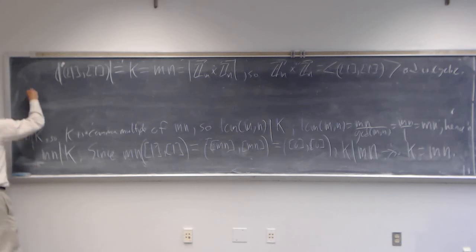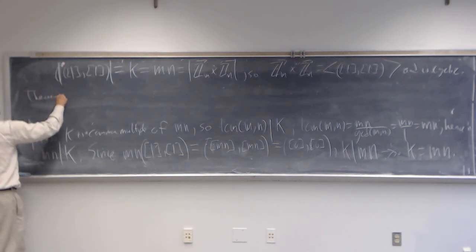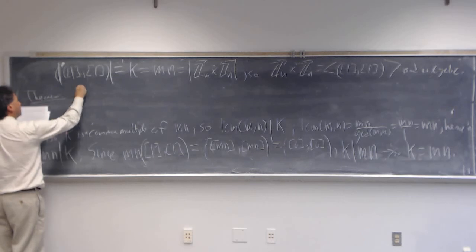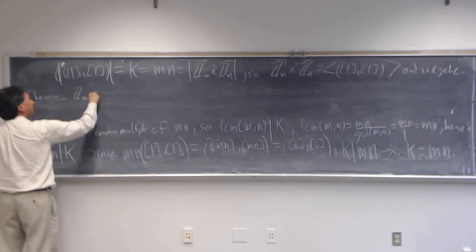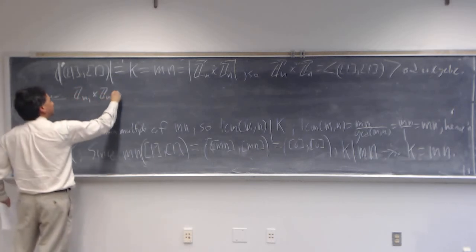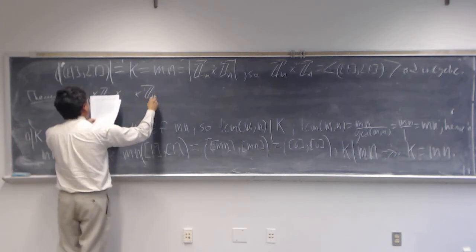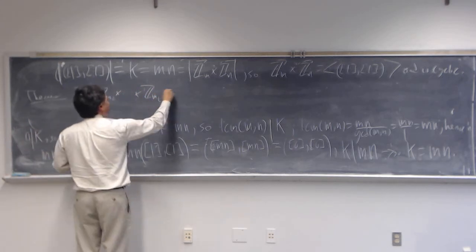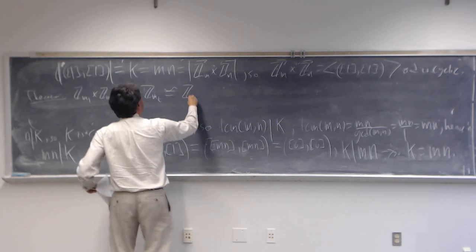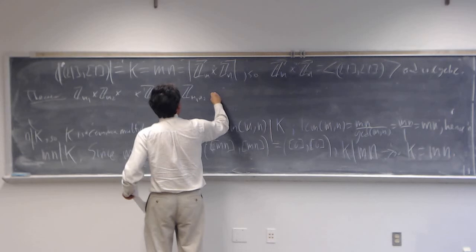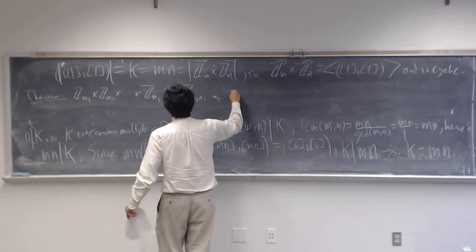Okay, then there's another theorem we won't prove. You can just use this technique with induction: if we have Zm1 plus Zm2, suppose we have more than two of them. Suppose we have S of these. Well, when is that going to be cyclic? When is it going to be isomorphic to Z of m1 times m2 all the way up to mt?